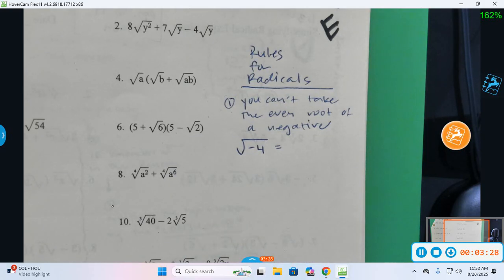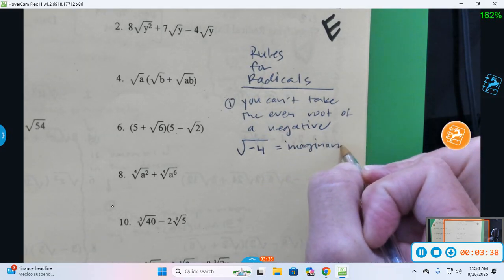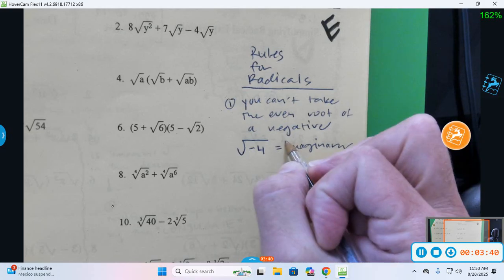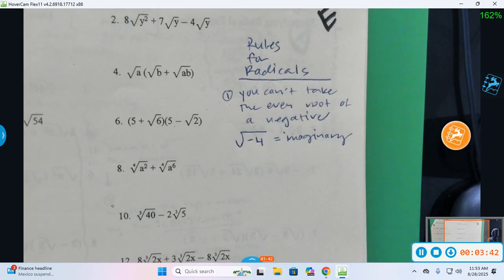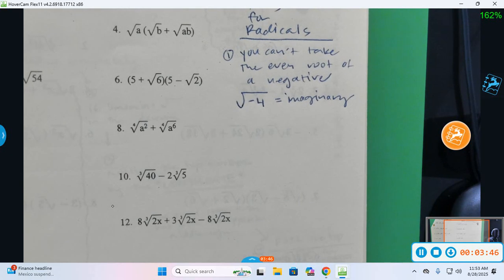But a lot of these notes that we're taking today, we'll just flip back to page E when we start on our imaginary numbers. But for today, I'm just going to write down the word imaginary. This is an imaginary number. And again, we got a whole lesson on that. All right, that's rule number 1, is you can't take the even root of a negative.